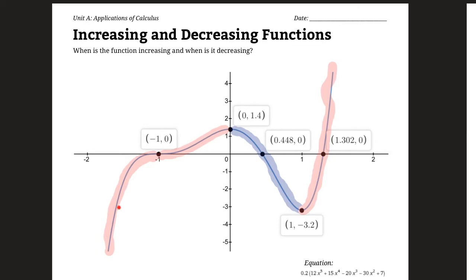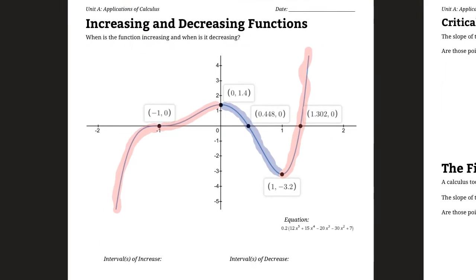So the red regions here represent what are called our intervals of increase, and the blue region is our interval of decrease. So let's write out in set notation what the interval of increase and interval of decrease is. Looking at the interval of increase, we are basically going everything less than this point right here at 0.